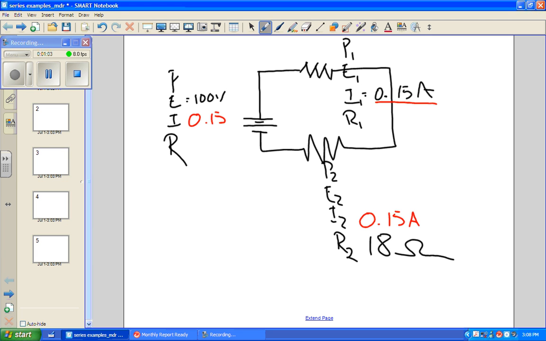One of the things I like about this problem is it reminds you, now we could solve this all by itself, but I want you to look at this. We have a voltage here, we're missing the voltage in both. I'm thinking of a different problem then, sorry. Okay, well, when you're looking at a series problem, remember that the voltage drops have to add up to the voltage supplied.